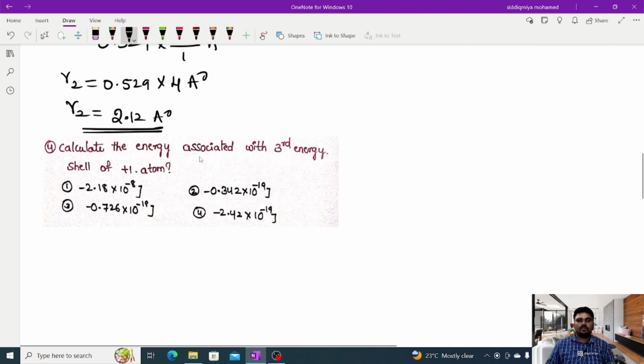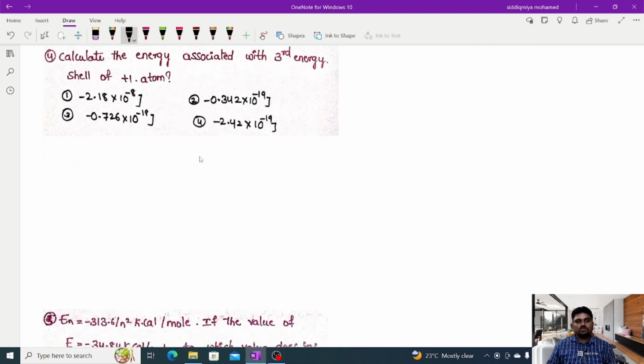Now we are going to see energy associated with the third energy shell. Energy associated with third energy shell of hydrogen atom. So what is the formula here? En is equal to minus 2.18 into 10 power minus 18 into z square by n square joule per atom.